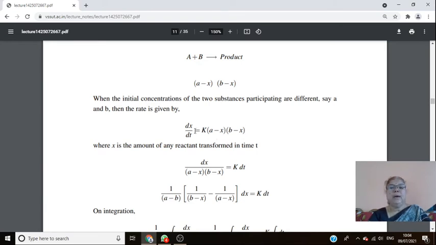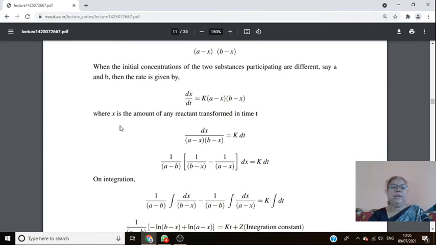This is the rate expression when the two participating reactants are different, where x is the amount of any reactant transformed in time t, that is, the decrease in concentration.